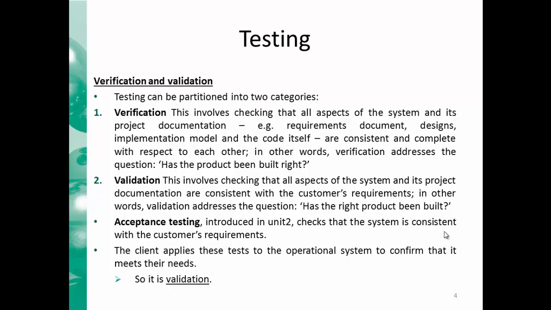On the other hand, validation is trying to answer the question, has the right product been built? This will involve checking that all aspects of the system and its project's documentation are consistent, but this time with the customer's requirements. In Unit 2, we covered what we call acceptance testing, which we use to check that the system is consistent with the customer requirements.